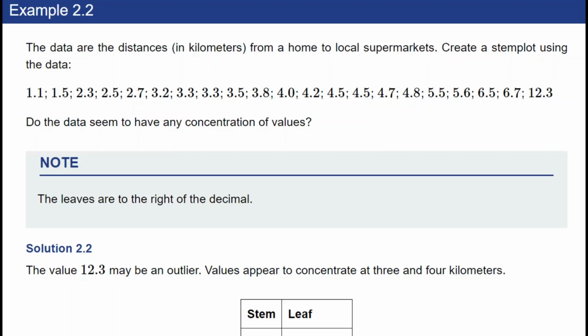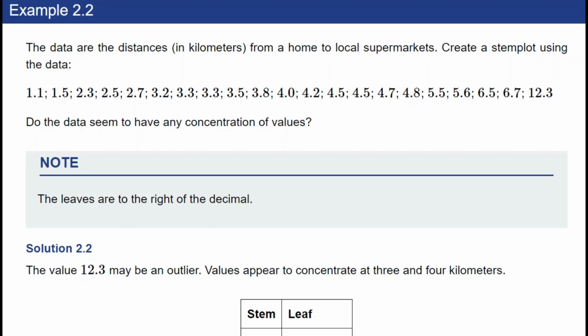However, there is one score, 12.3, which is too far from the given range. So we can assume that this is an outlier, and this has come by mistake or by an accident from somewhere else, because most of the scores are within 1.1 and 6.7. So we don't worry about the last score.